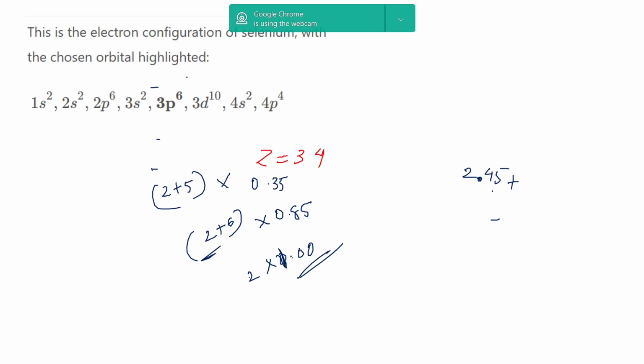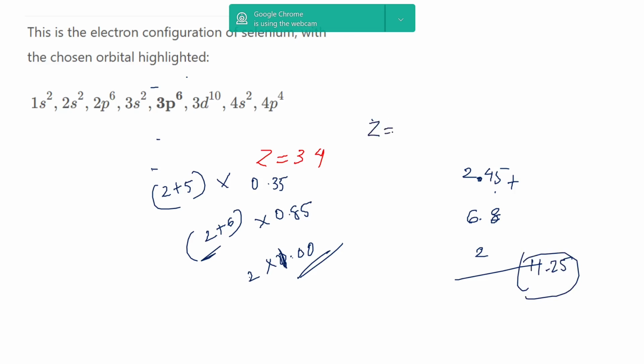Then 2 plus 6, 8 into 0.85, 6.8. Then 2. So 2.45 plus 6.8 plus 2 is 11.25.